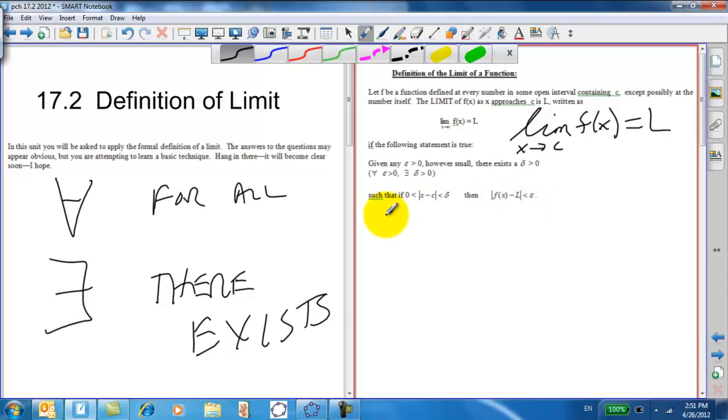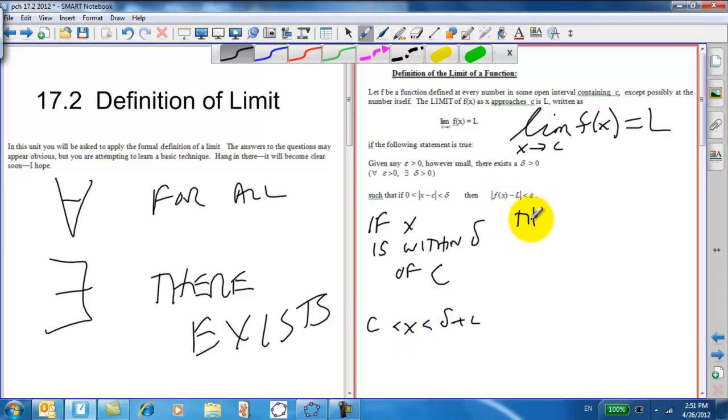Basically, this is saying if x is within delta of c. So that means x is getting close to c. It's within delta. It doesn't have to actually be at c. Notice the definition says 0 strictly less than. So basically, x is going to range between c and delta plus c, or the opposite.